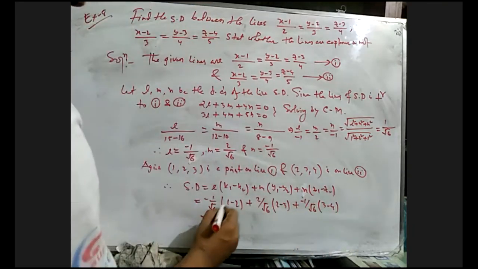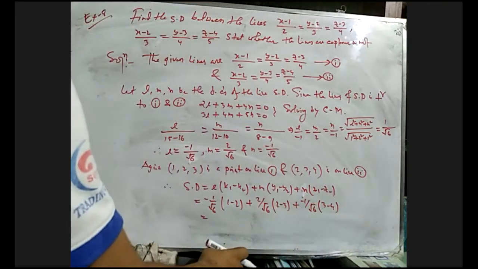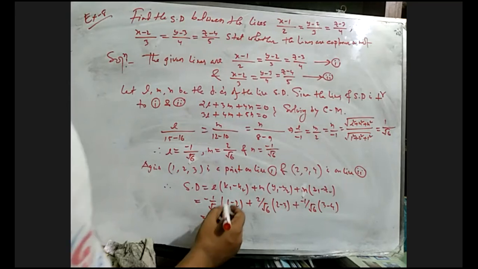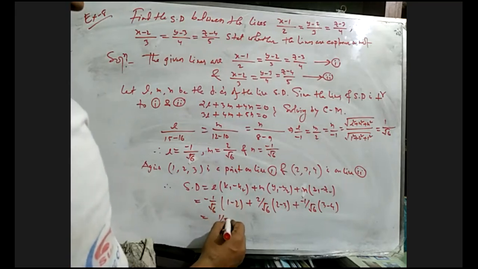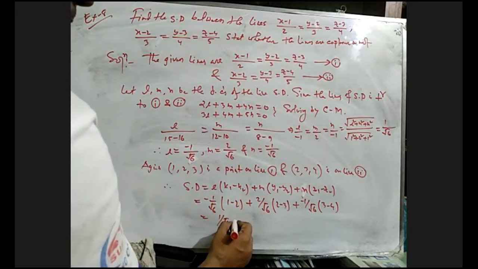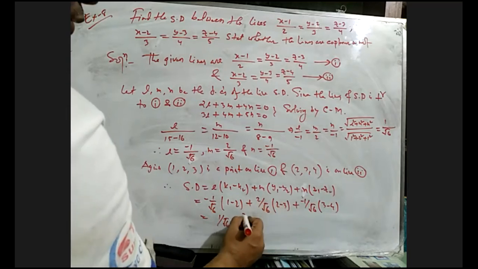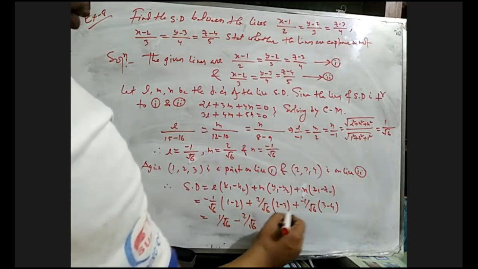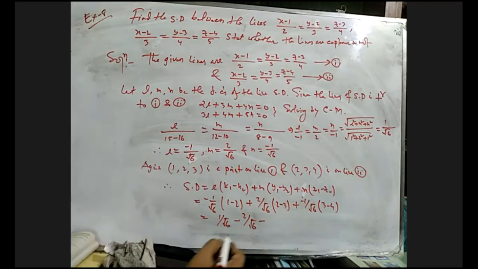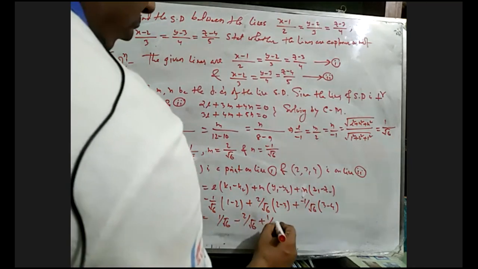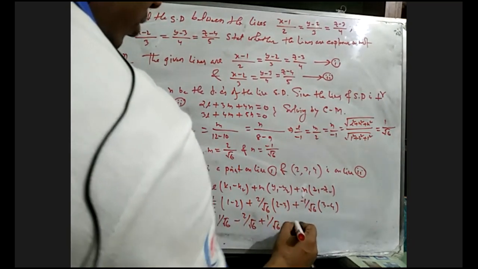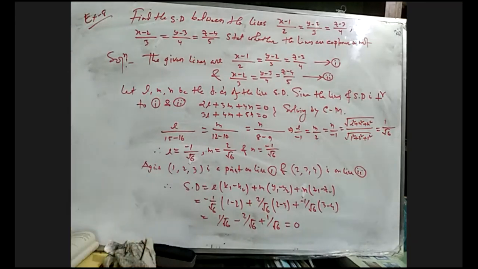So from this we can write 1 by root over 6 minus 2 by root over 6, and this will be minus minus plus 1 by root over 6. Therefore the shortest distance is actually 0.